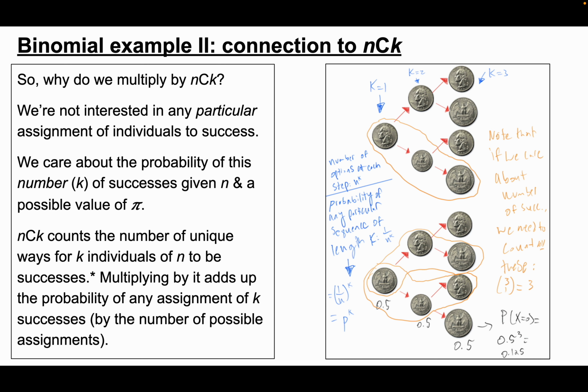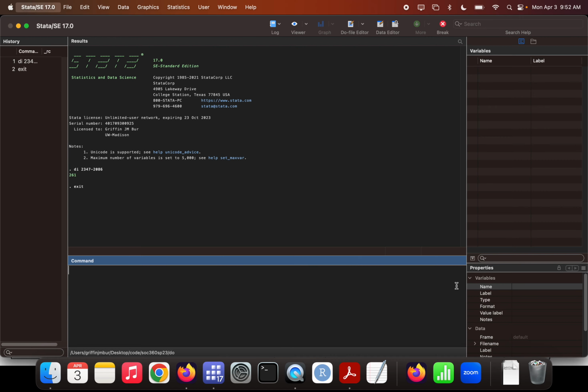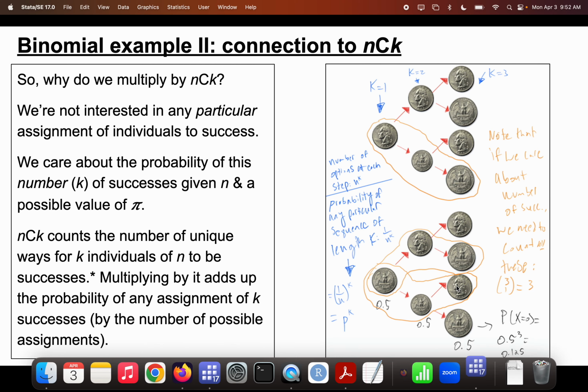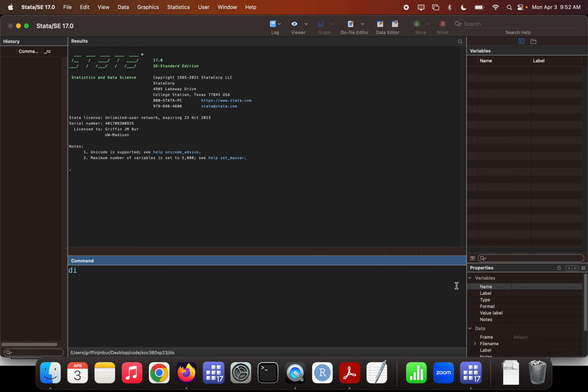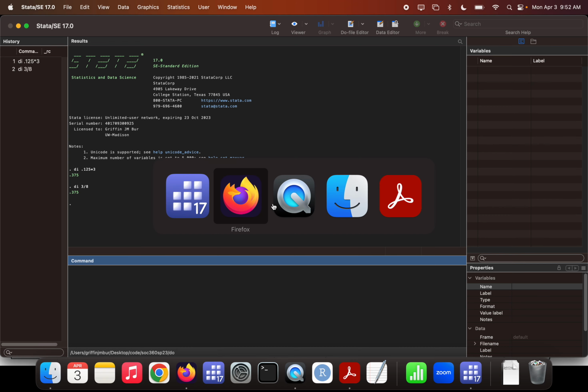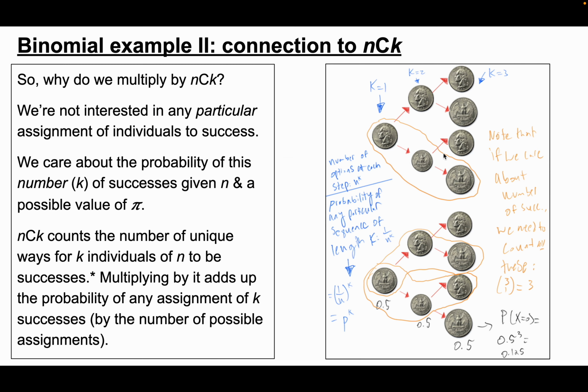You could do a little bit of mental math there, but we'll do it in software. We'll say display 0.125 times 3, and we should get the same number back if we just divide 3 by 8, and indeed we get the same exact thing back because we see visually that 3 out of the 8 options represent this pattern that we're interested in.